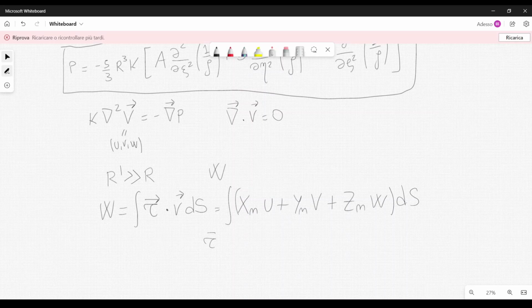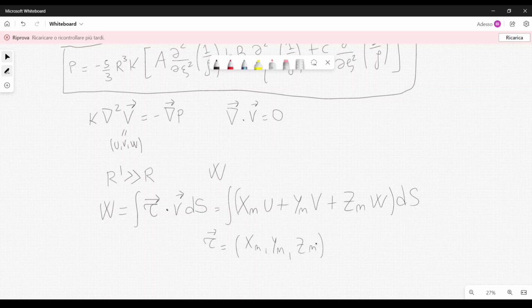So tau in this case is written as xn, yn, and zn. And in particular, tau contains the projection of the stress tensor that I will recall in a moment. It was defined in the videos on the Navier Stokes equations.